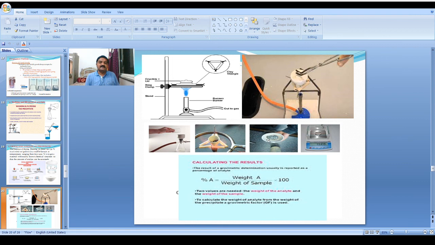Ultimately we will get the product here. How much quantity of the residue or the precipitate we get can be measured with the help of this electronic balance. So this is the formula to calculate the percentage of the residue we get. This is the simple formula we can calculate here.